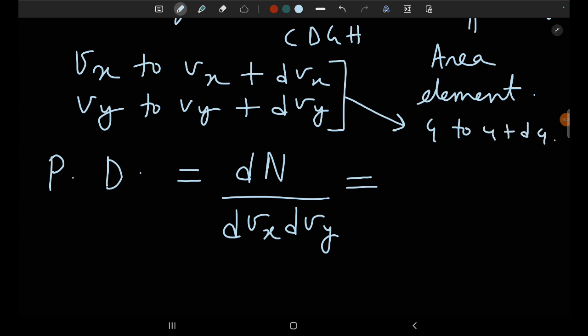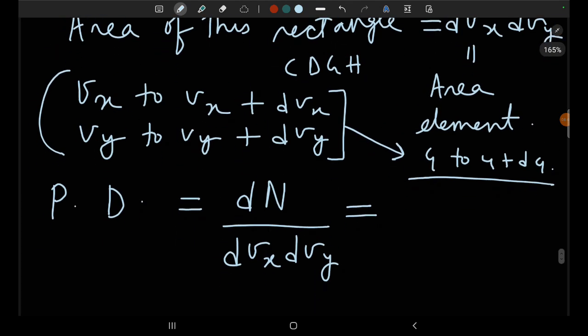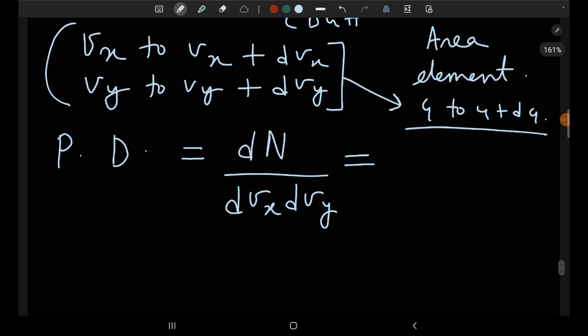This was interesting, and now we had converted two velocities into one resultant velocity C1 to C1 plus dC1. This was the equation of point density, which we arrived at in our last video, equal to n a squared.